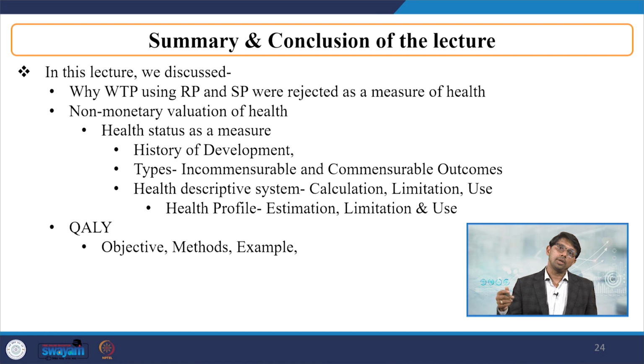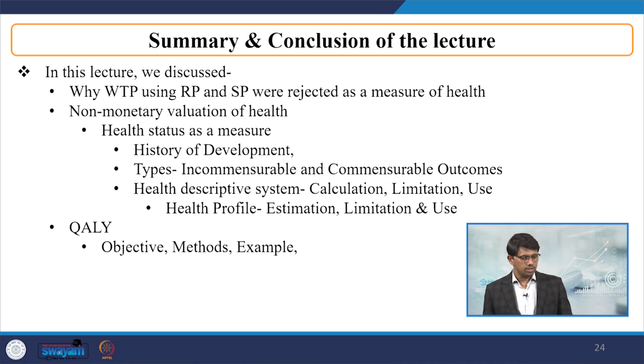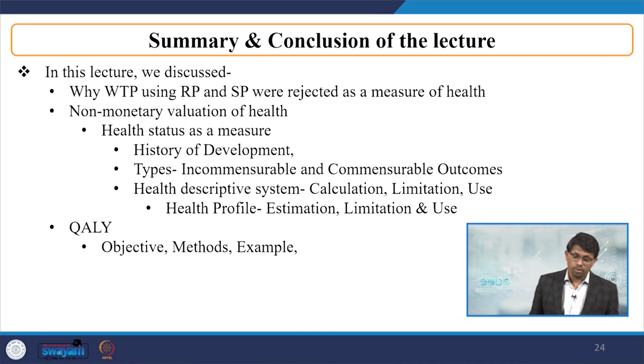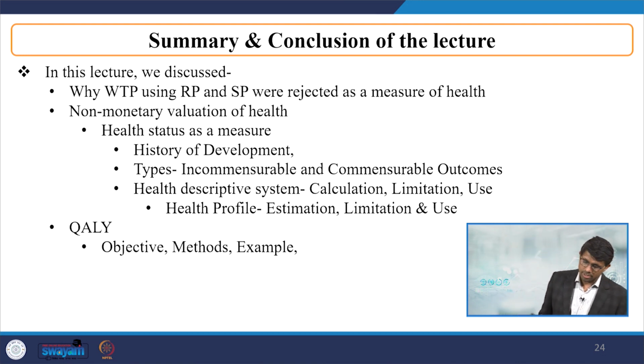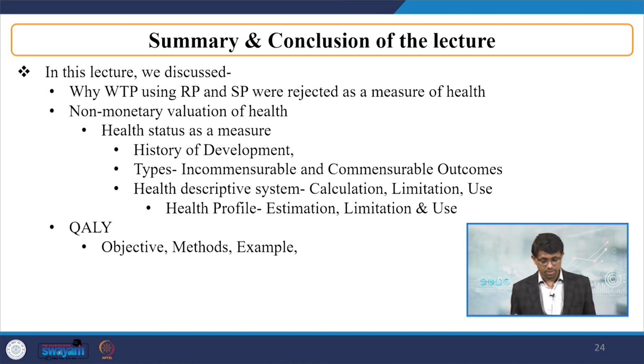You can also prepare for your assignment questions on the non-monetary evaluation of health, health status as a measure, the history of development, and the types we discussed: incommensurable and commensurable outcomes, health descriptive systems, their calculations and limitations, and profile measurement. We also touched upon the discussion of QALY, the objective methods and examples.